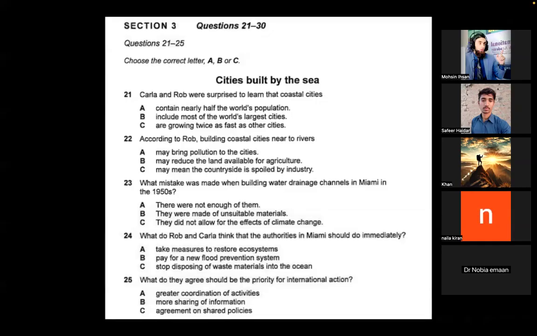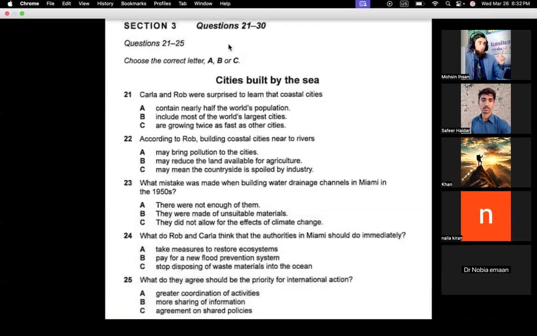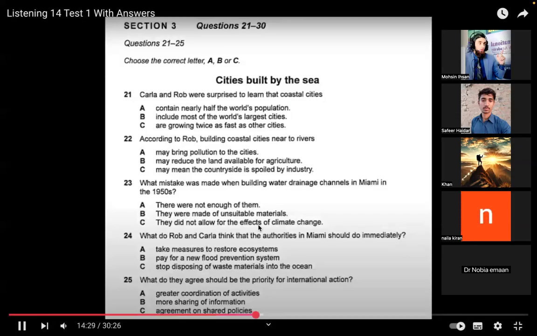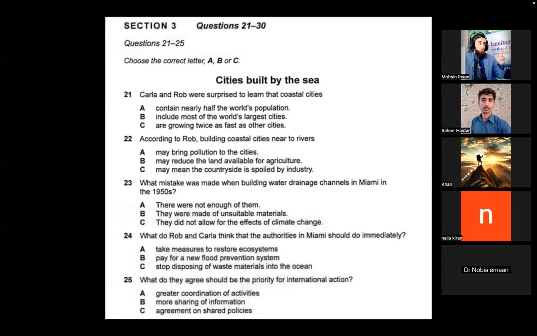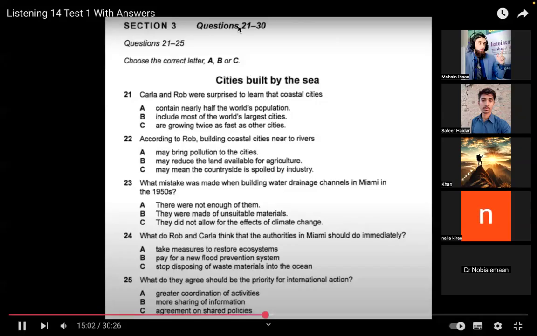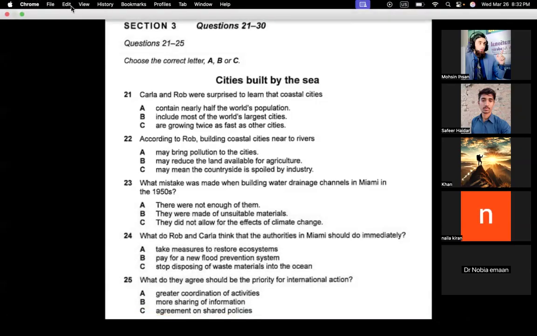That is the end of section 2. You now have half a minute to check your answers. Now turn to Section 3. Section 3. You will hear two urban planning students, called Carla and Rob, discussing their presentation on cities built by the sea, following instructions from their tutor.